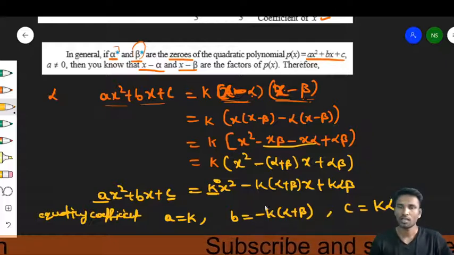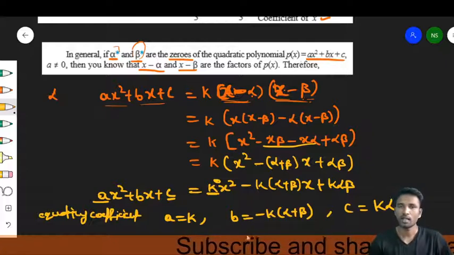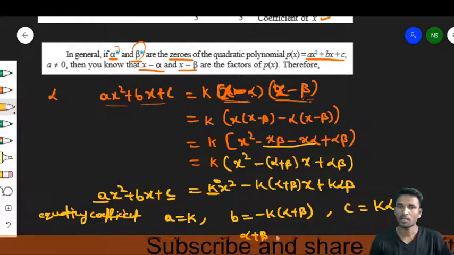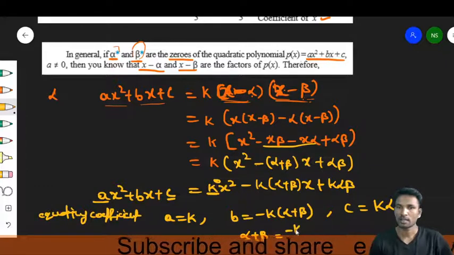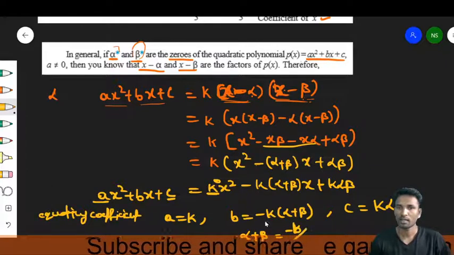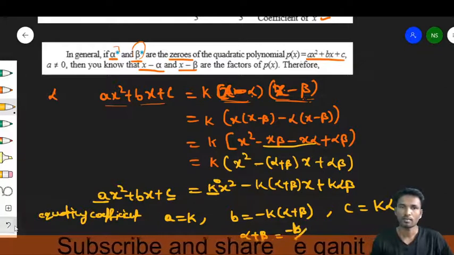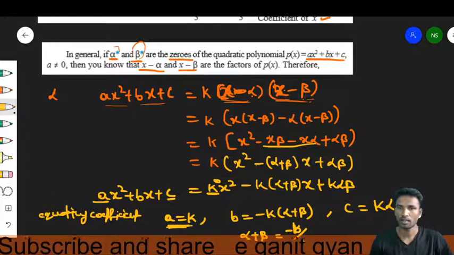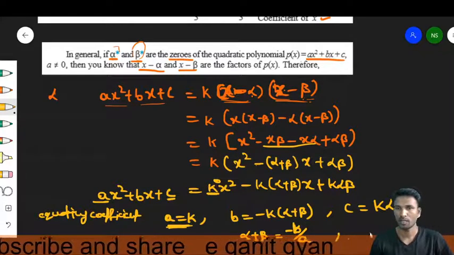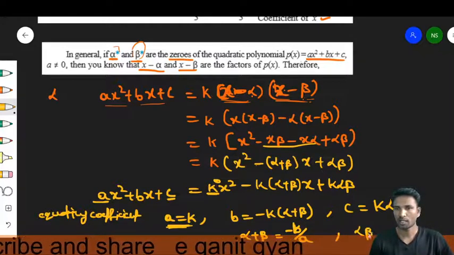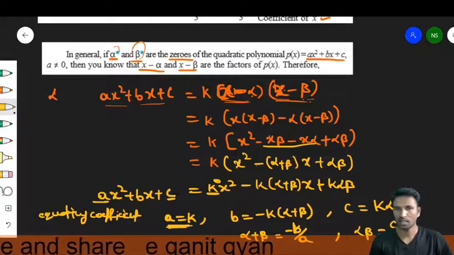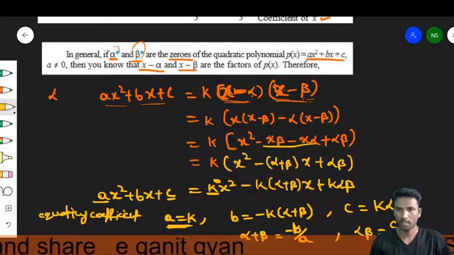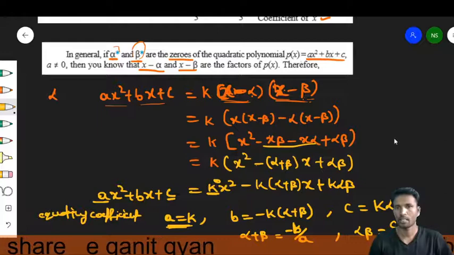From this, if I send this minus k to the other side, I will get alpha plus beta is equal to minus b by k, and alpha beta is equal to c by k, but the value of k is a, so I get a here.